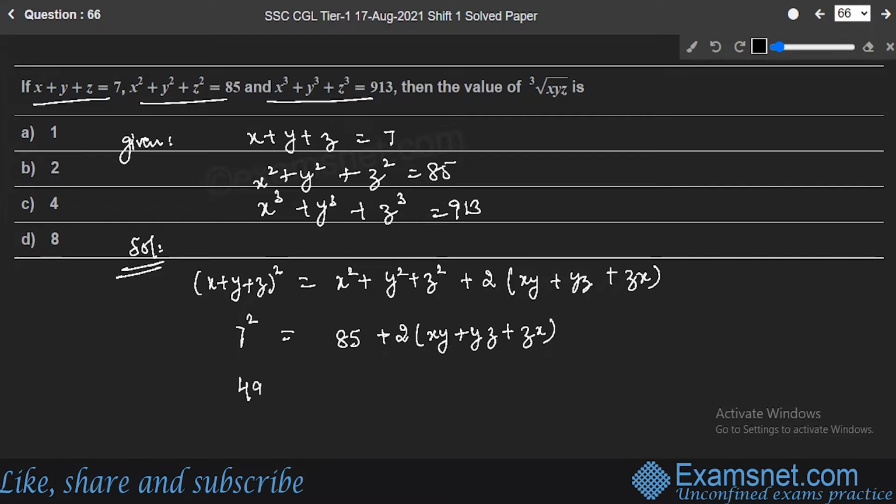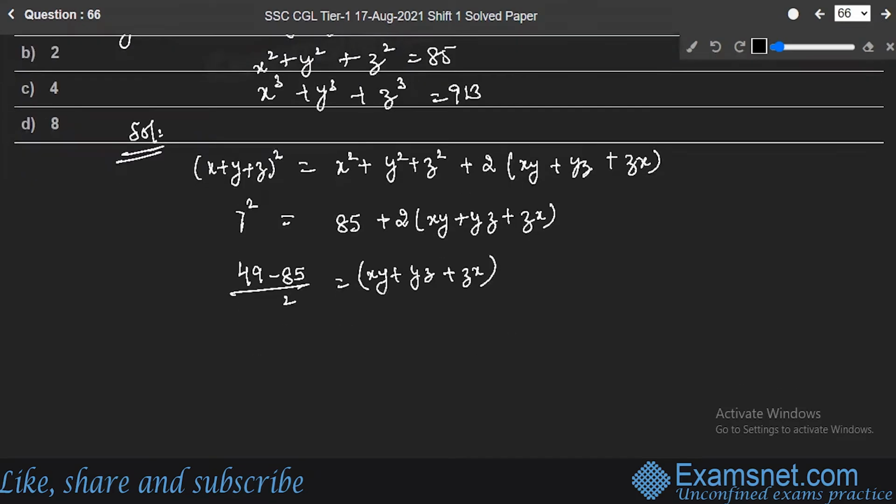So 49 minus 85, whole divided by 2, will give you the value of xy plus yz plus zx, which will be minus 36 upon 2, that is minus 18. You're clear till here, right? Then go for this one. Cubic identity.